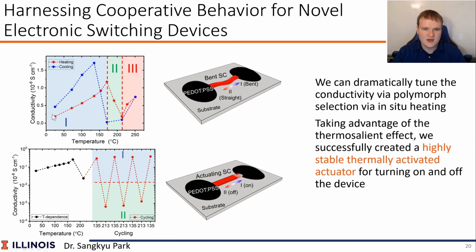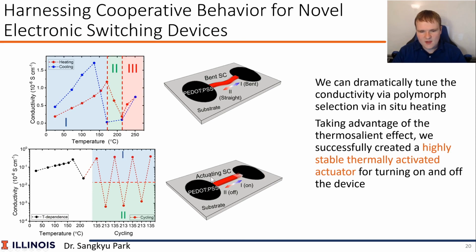And we could change the conductivity of the system by switching polymorph. So as we heat it up to polymorph 2, we see a significant decrease in conductivity, which is partially recovered by forming polymorph 3. And then this is highly repeatable as we cool back down and see the reverse behavior.